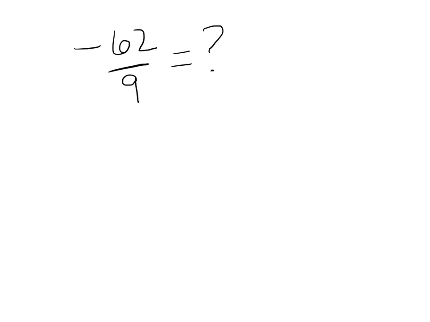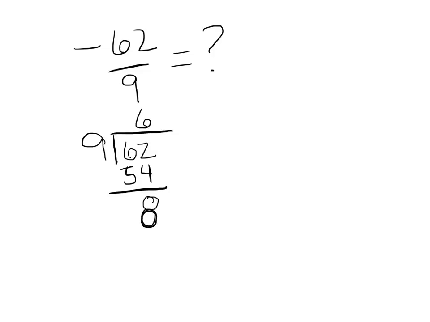With long division, basically what we're saying is that 9 goes into 62 6 times. 9 times 6 is 54, and then 62 and 54 have a remainder of 8. And so we have the remainder of 8 and then write the remainder over the fraction.